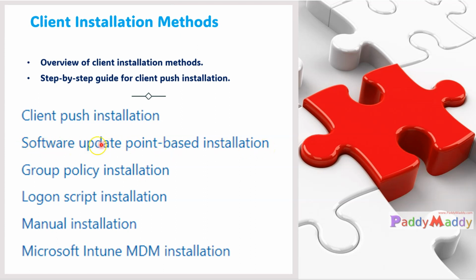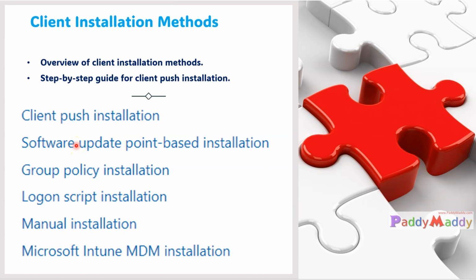The software update point, sometimes called a SUP, is used for patching the servers, right? The same WSUS server is going to work for client installation too, with some group policies configured so that the software also gets automatically installed.